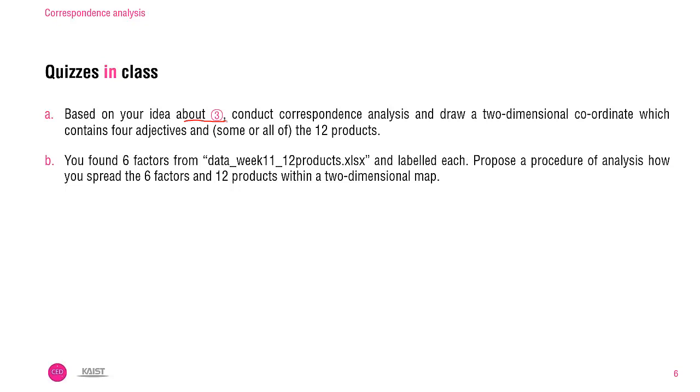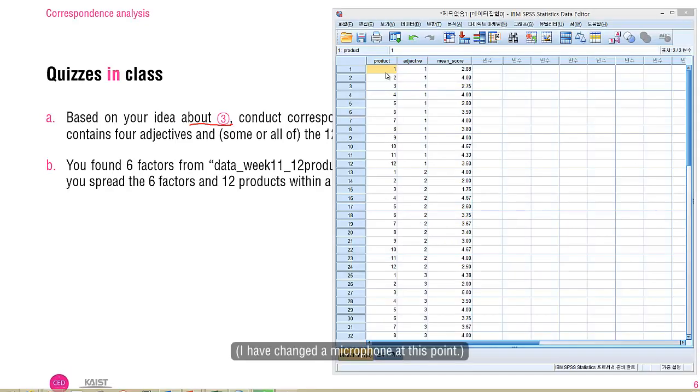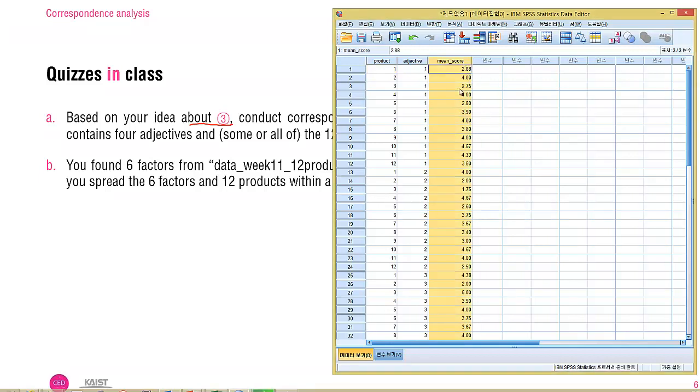That's also allowed. Now I am in SPSS to demonstrate to you how to draw the map using my own idea to convert the average scores into the frequency data. I said that's not a very clever way, I'm sure that you have a much better idea how to convert these mean scores into the frequency data that really indicate the frequency characteristics of each combination.